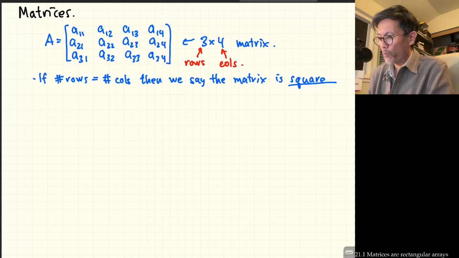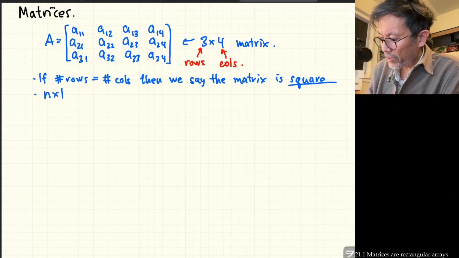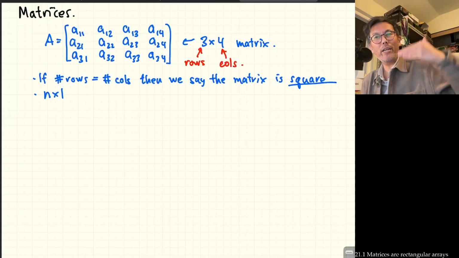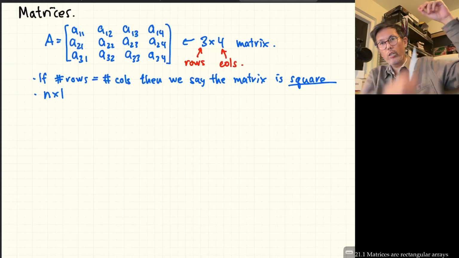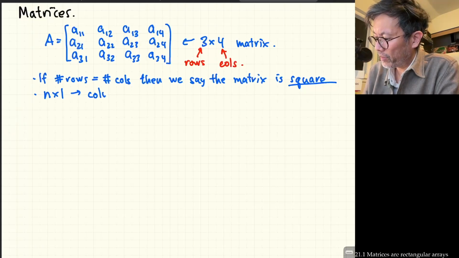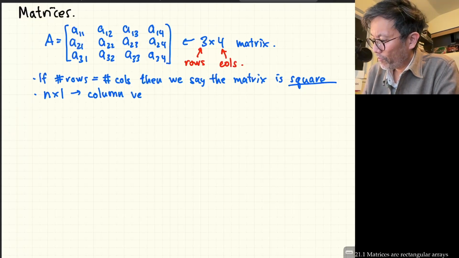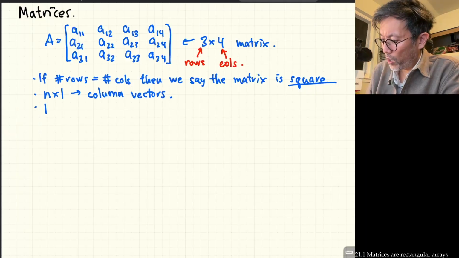Oh, maybe I'll say one more thing. N by 1 matrices, which have n entries, n rows and 1 column, are called column vectors. Very useful. We think of them as being vectors. And things of the form 1 by m are called row vectors.